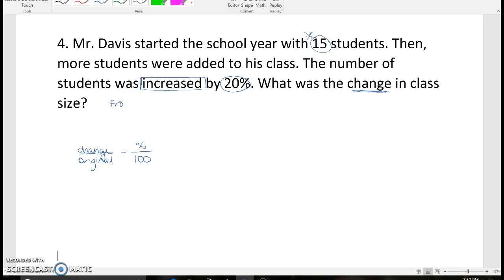So we know it's going from 15, that's my starting point, to somewhere else. And it says it's increasing. So it's getting bigger, okay? So plug in your percent and it's asking for change. It's asking for that part. Okay, so think about if X is our answer on this one.